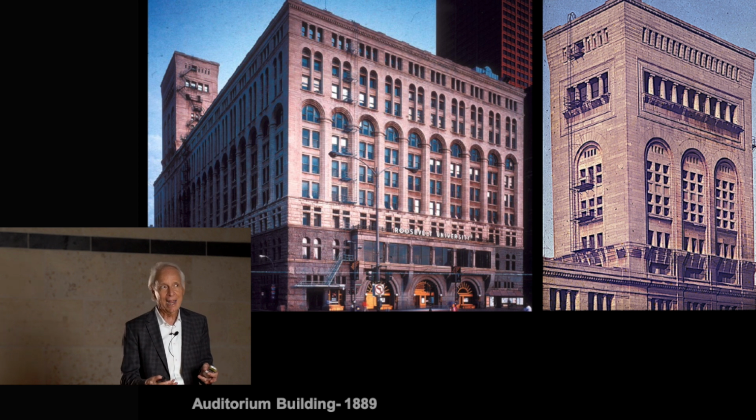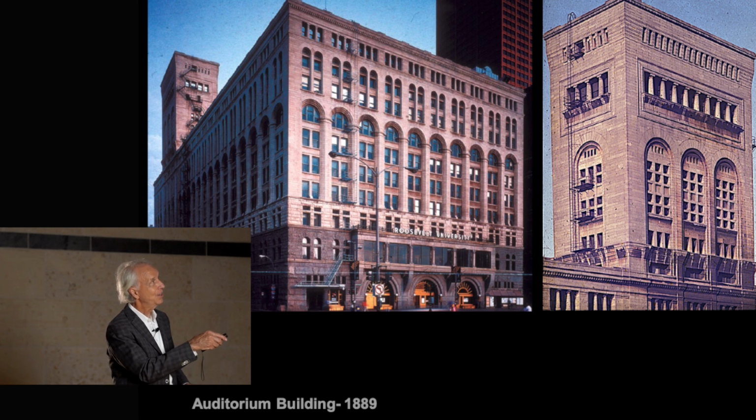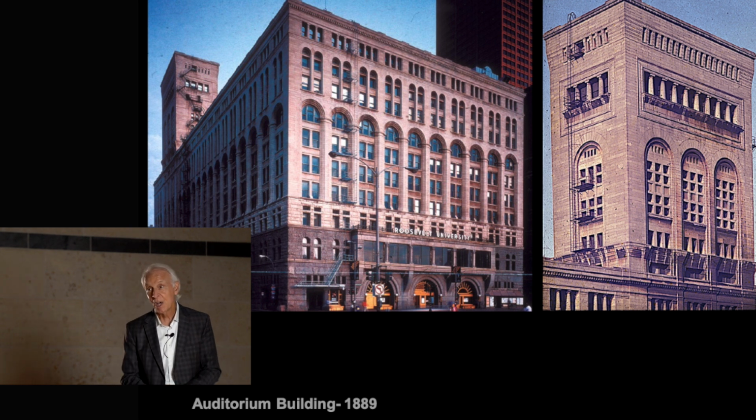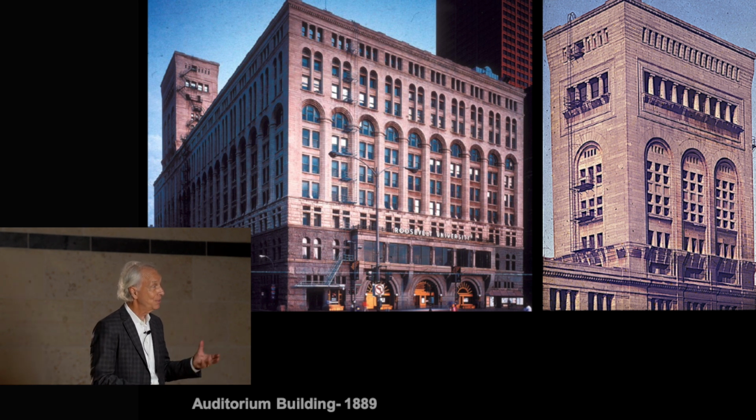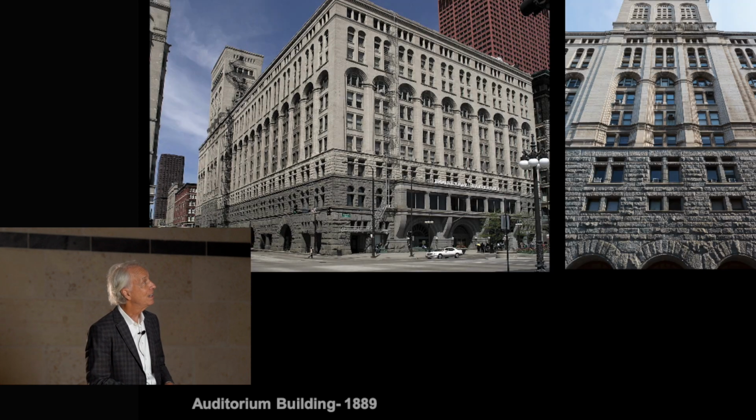It's driven by, I can kind of see what I like and what seems good here, and I know bits and pieces of why it is that way, and that's developing the Auditorium Building. This great tower at one point, offices up through here. Actually, that was Adler and Sullivan's office up at the top. And then after they split as a firm, that was Sullivan's office until he died.